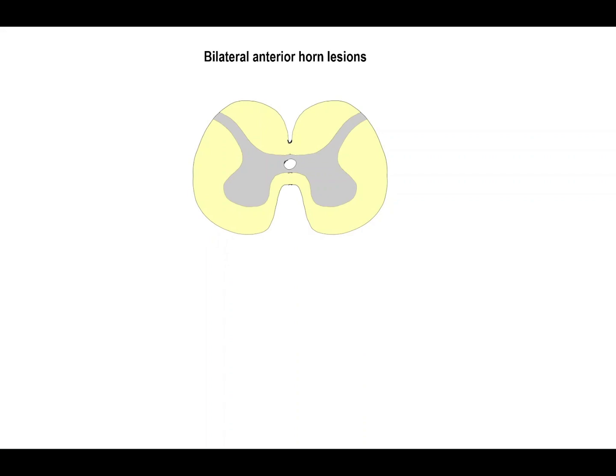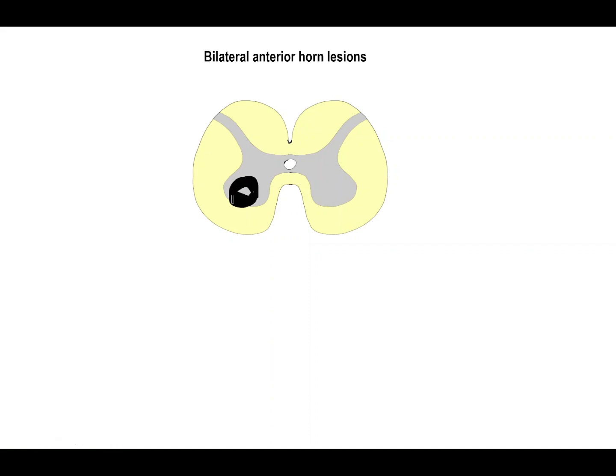Let's start with bilateral anterior horn lesions. This is the cross-section of the spinal cord. Let me draw it for you. So, bilateral. There you go.